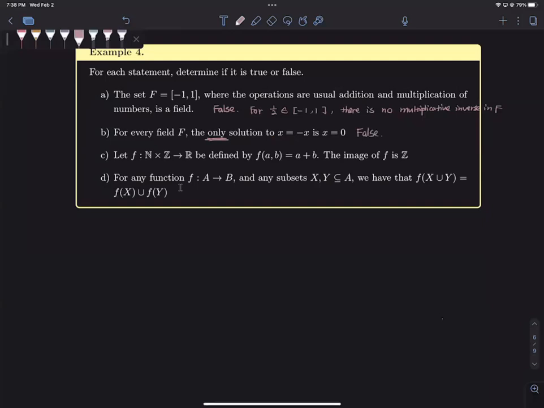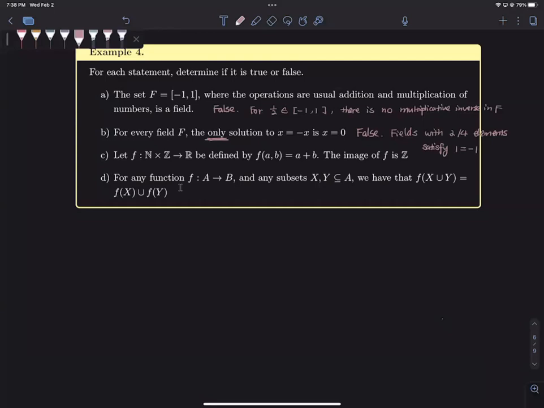I just mentioned it. Exactly, 1 plus 1 is 0, right? So a field with either 2 elements or 4 elements satisfies 1 equals negative 1. Okay.